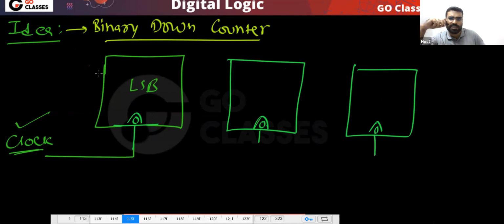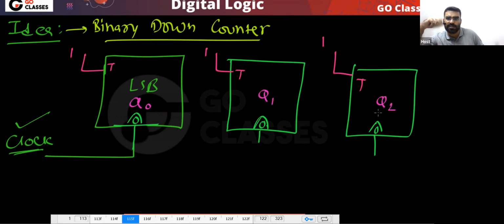Remember, this will change. No problem here. So I am connecting all of them to 1. Now you can notice this will change in every cycle. There is no problem here. This Q0 will change in every cycle.